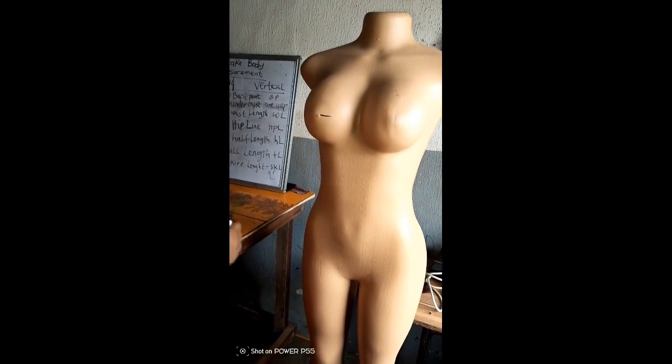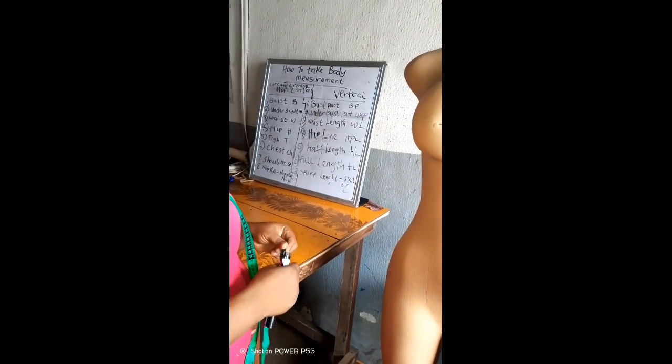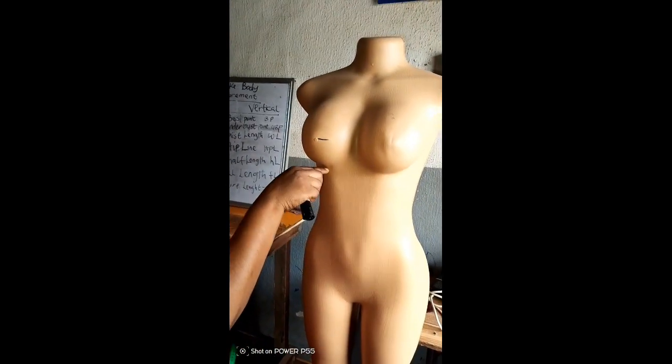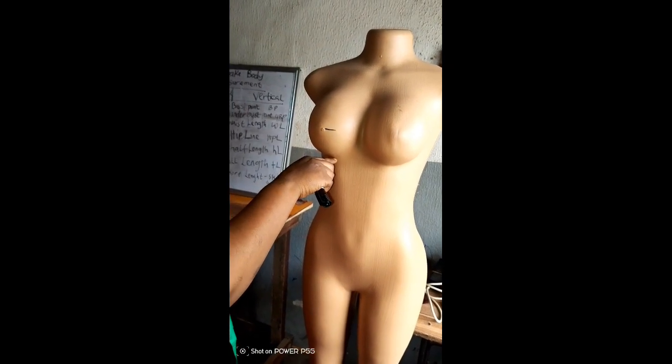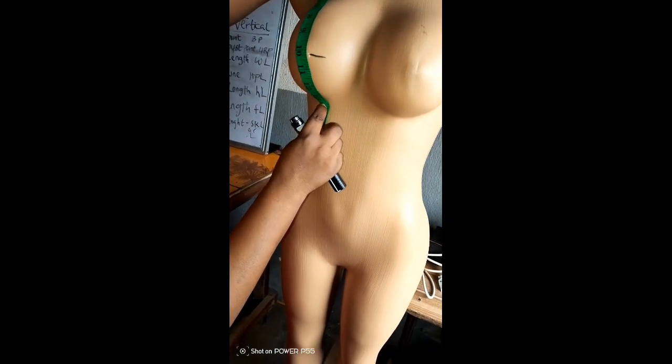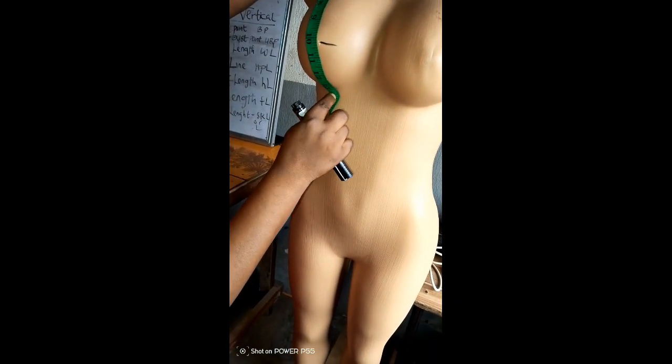Then the next on our list is the under bust point, which is the point at the end of your bust. So we're going to take our tape and put it there. So we have 13 and a half.